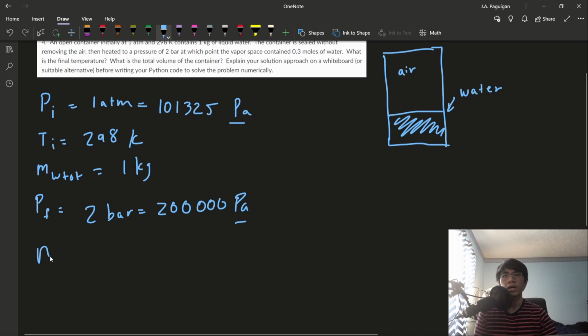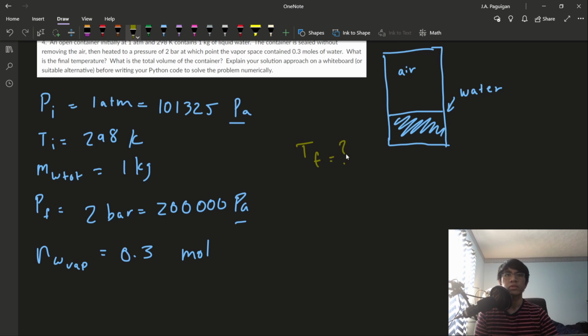So you can write that as moles of water vapor equals 0.3 moles. What we don't know is the final temperature, and we don't know the total volume.